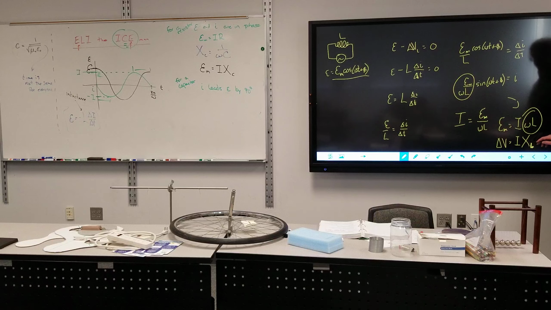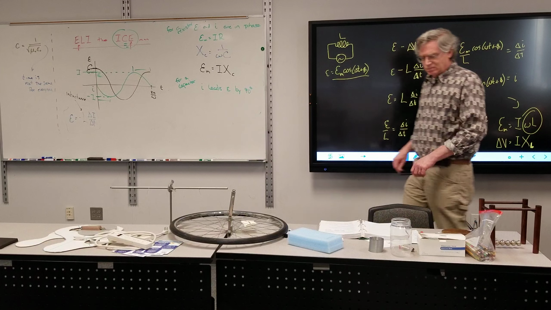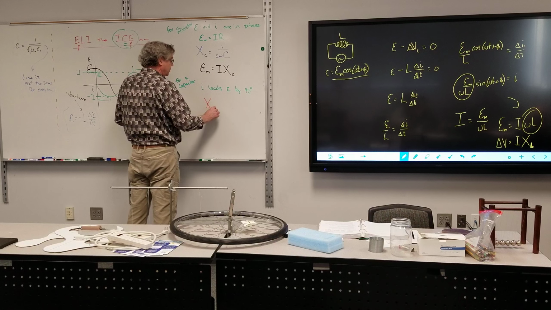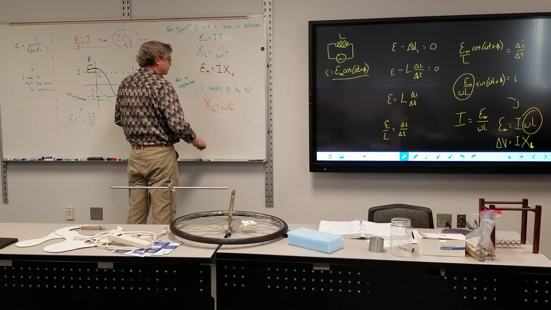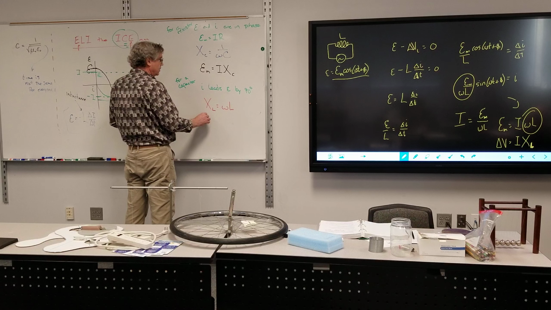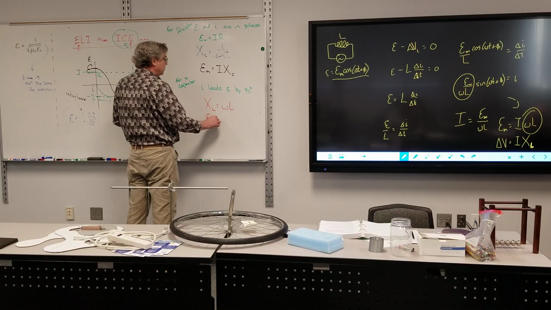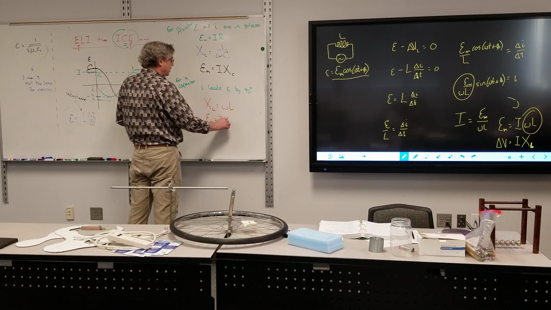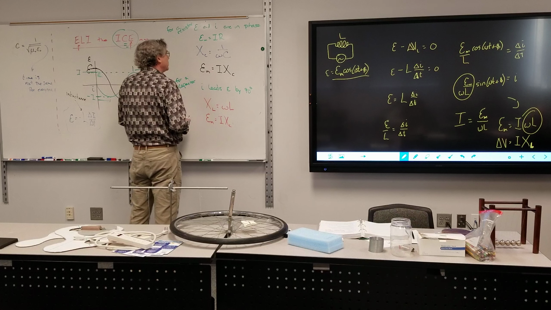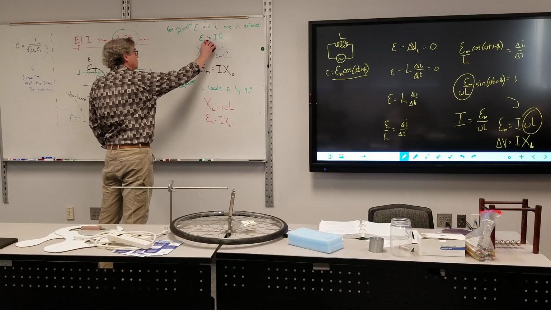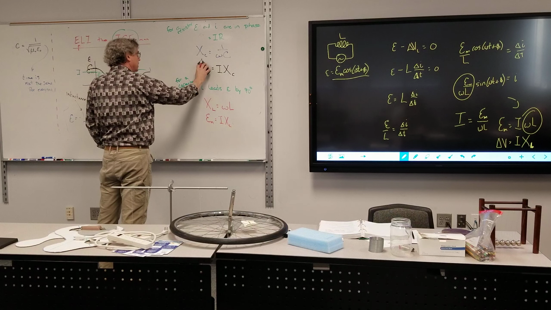Now when I write really fast, my L's and C's look very similar. This one's an L. This is, as you might guess, the inductive reactance. So let's write that up over here. We have X sub L is equal to omega L. Sorry about this, I should change that. It works for what we have right here, but I'm going to make it more generalized.